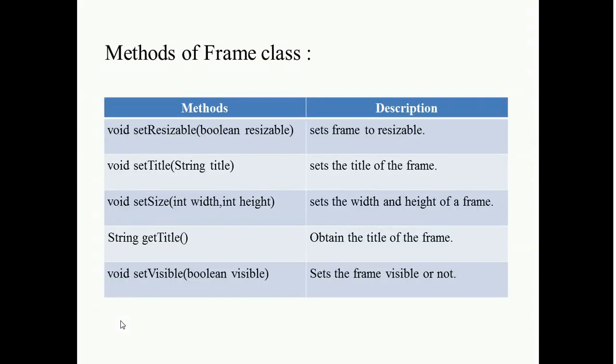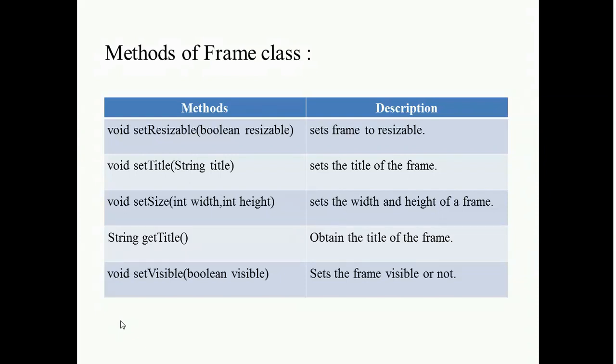Next, see some methods of the frame class. First method is void setResizable, parameter is boolean resizable. This method is used to set the frame to resizable. Second method is void setTitle, parameter is string title.